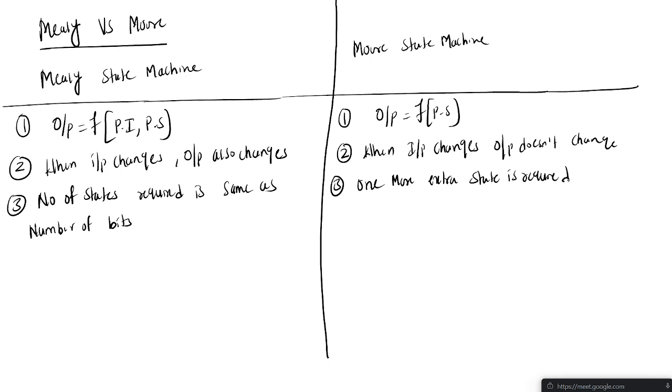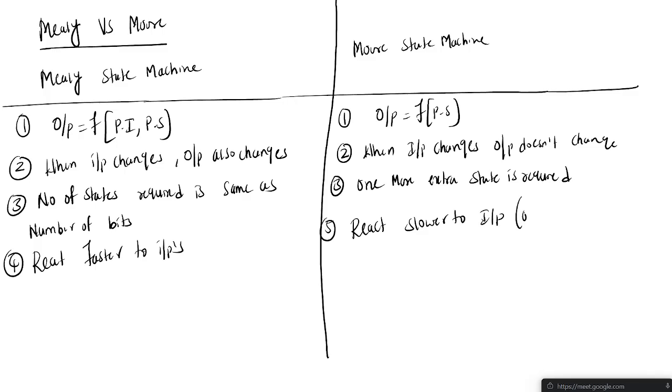And next, it will react faster to inputs, and this will react slower to inputs, one clock cycle later. And this one is asynchronous output generation.